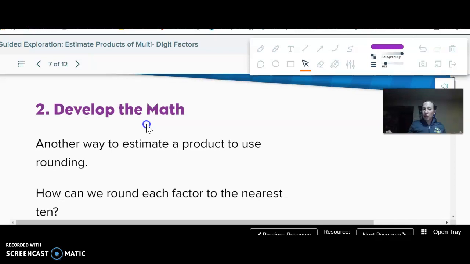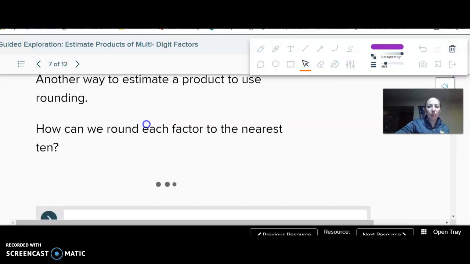So the other way to do it is just to use rounding. Just round the numbers either to the nearest 10, 100. Round them to something they're close to, and then multiply. That is what I would recommend if you're not sure what is compatible: just round them.